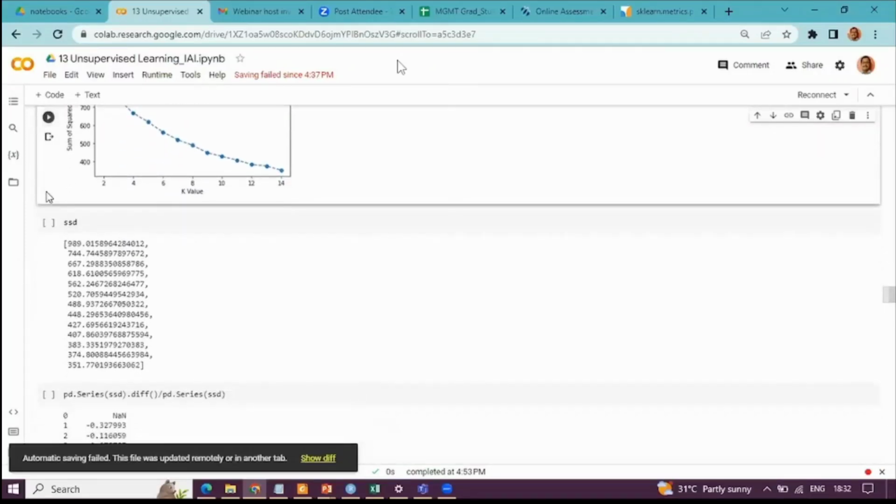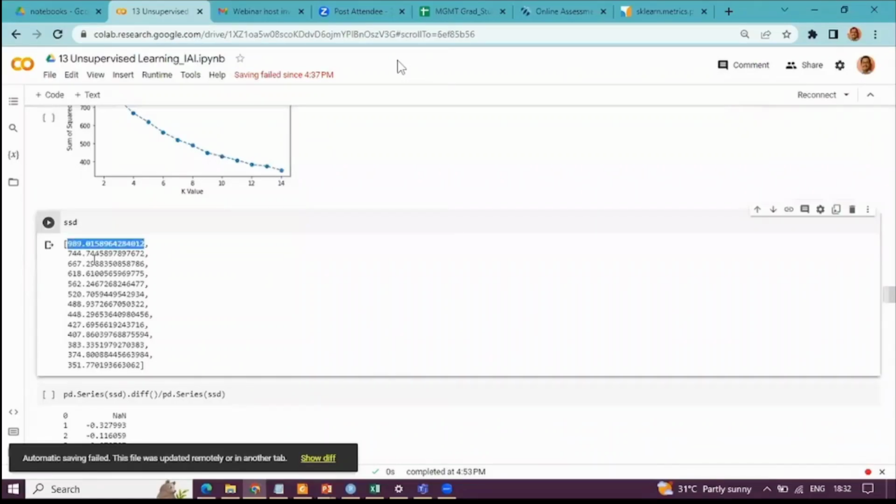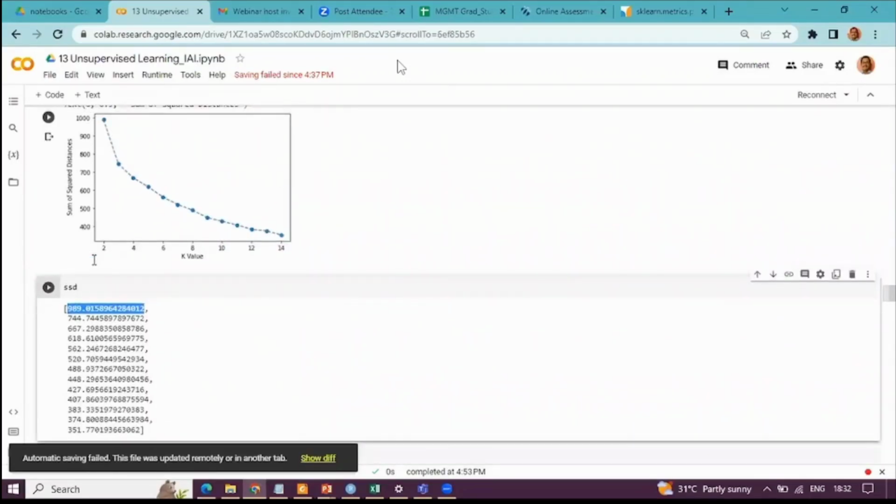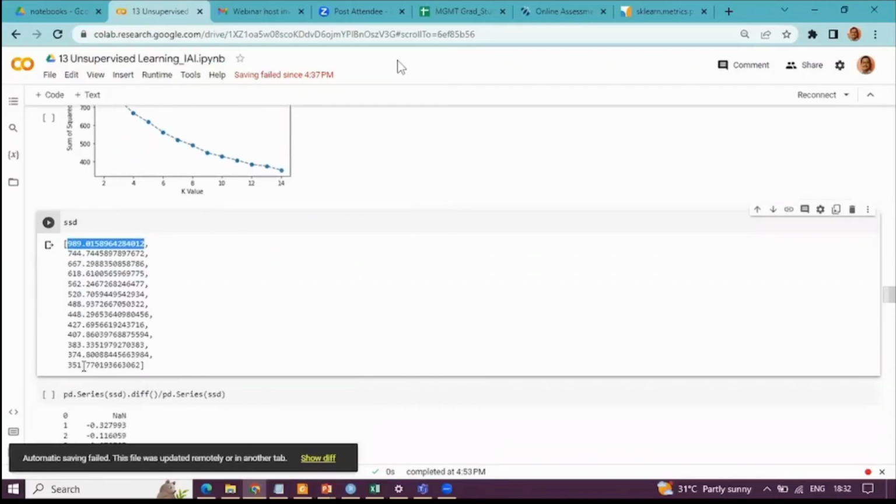I could see that if I'm printing the maximum, when it was 2 clusters, the WCSS is around 989, but when we move to a 14 cluster solution, the within cluster sum of squares has come down to 351.